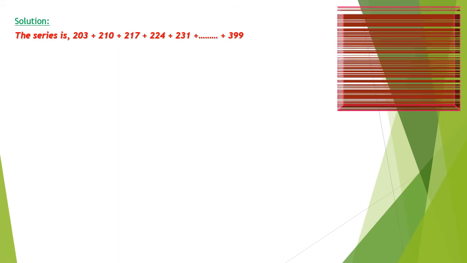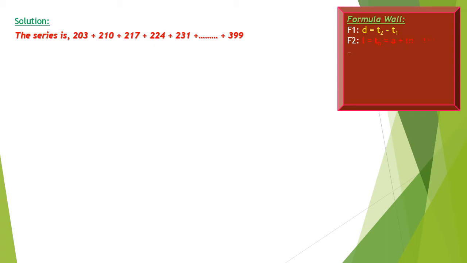Solution part. Let's recall the series which we have written at the bottom of the previous slide, that is 203, 210, 217. We have the formulas, and we have to use formula 2 to find the value of n. Then we can use formula 5. We have to know how many numbers between 200 and 400 are exactly divisible by 7.